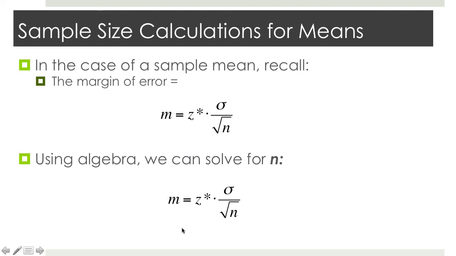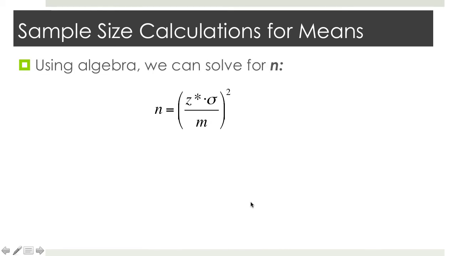This is an expression with multiple variables. We have an n down here, so we could manipulate this equation using several steps, and we could solve for n. We're not going to do that here in this video because it's not really the focus of what we want to learn.